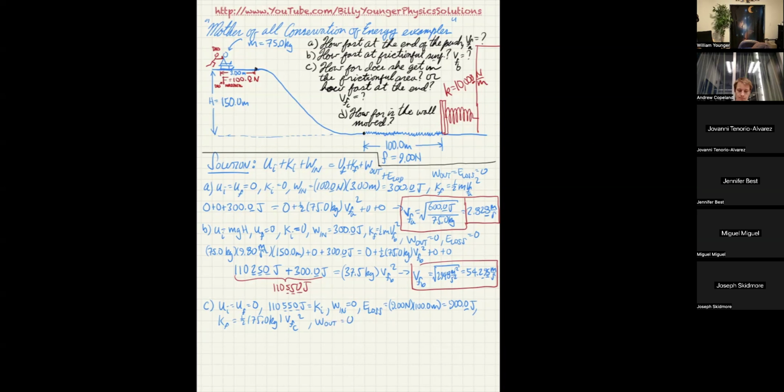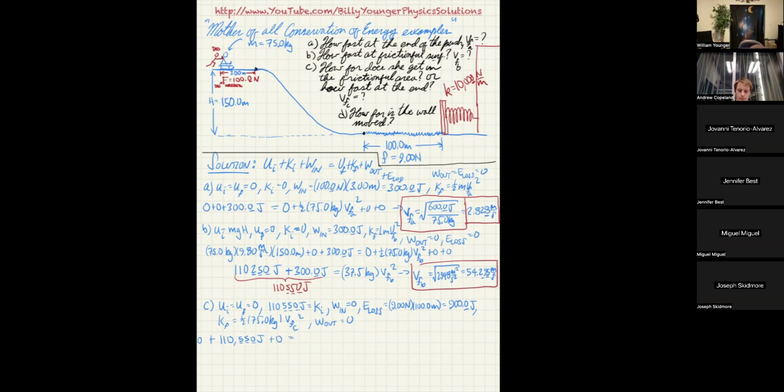So now I can put all this in again. 110,550 joules is equal to the initial kinetic energy, so I'm saying 0 plus that, plus work in, which is 0.